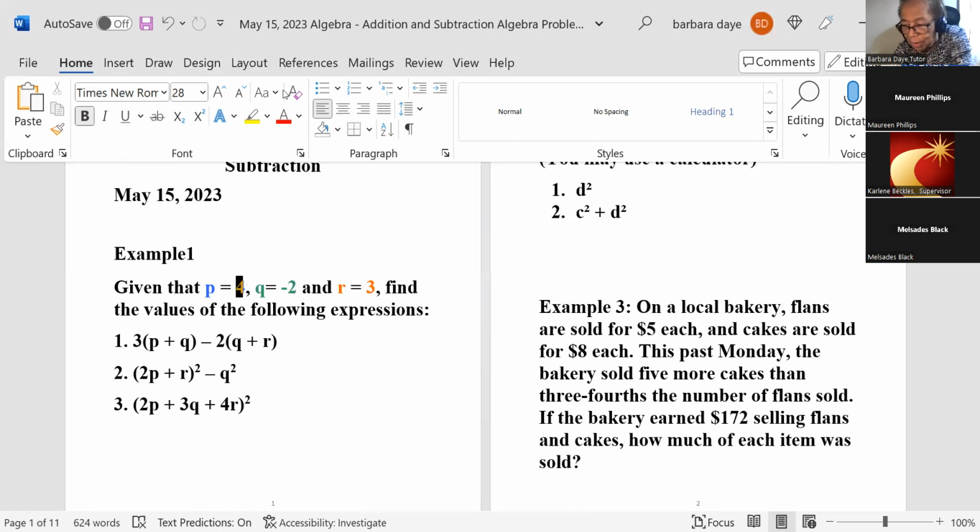Substitution of the variable. Check. I wrote number 2 wrong. Write it over.